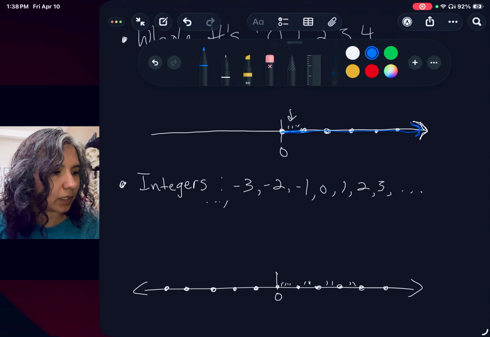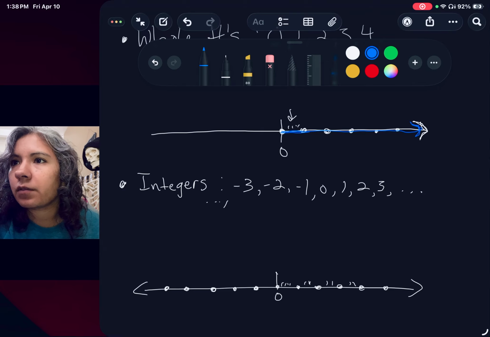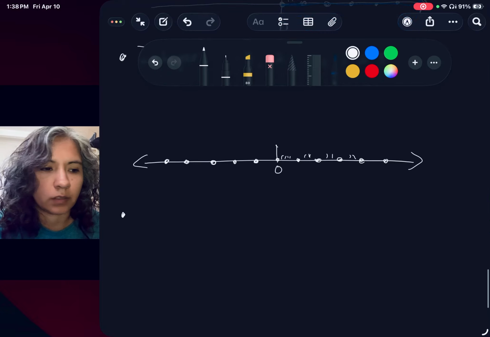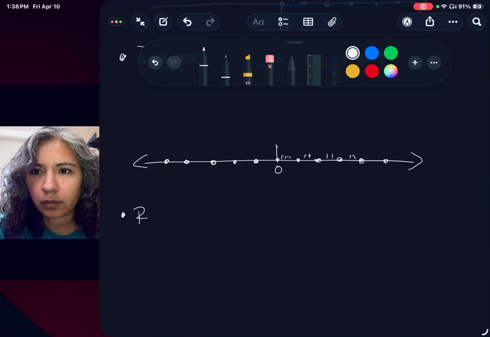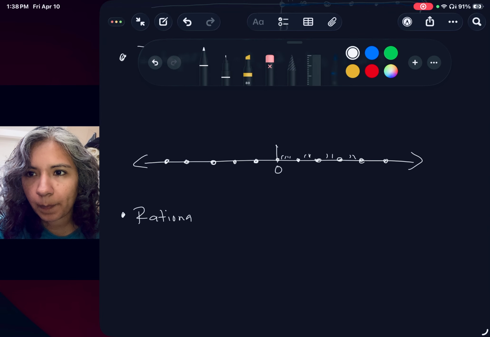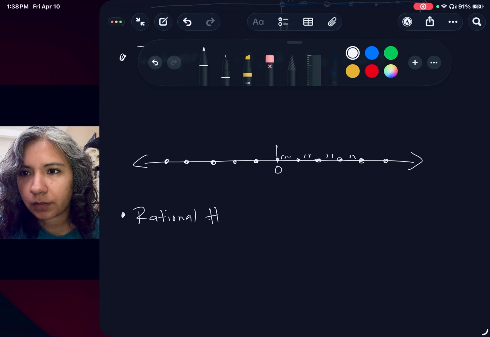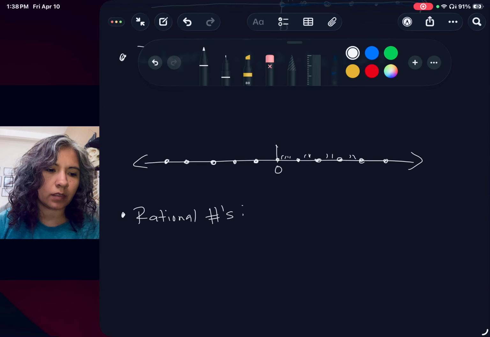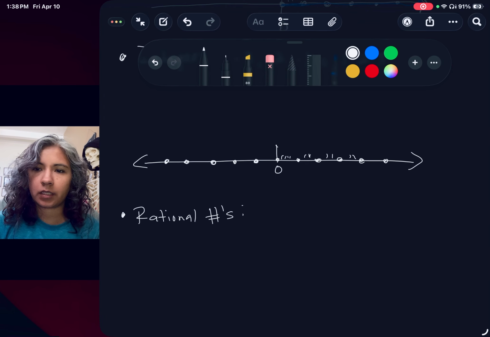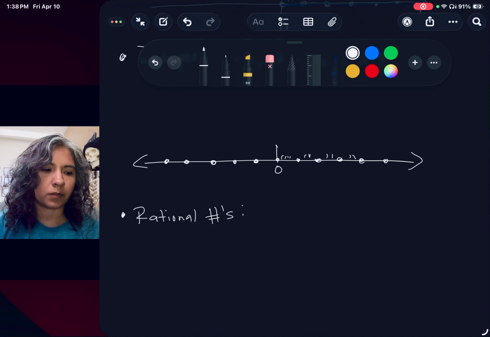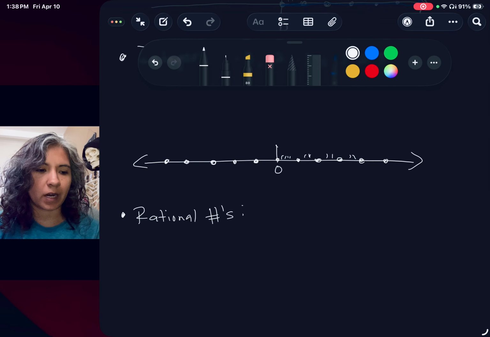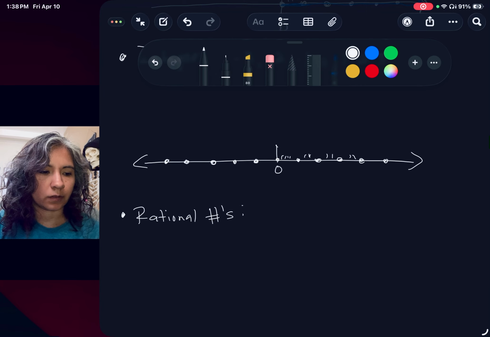Okay, the next group of numbers that we're going to talk about are the rational numbers. These numbers are all numbers that can be written as a ratio or a fraction of two integers.